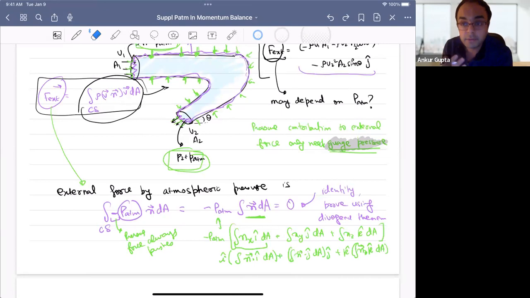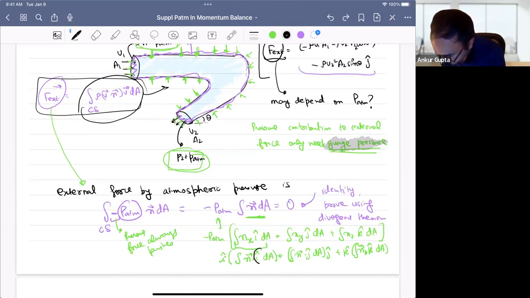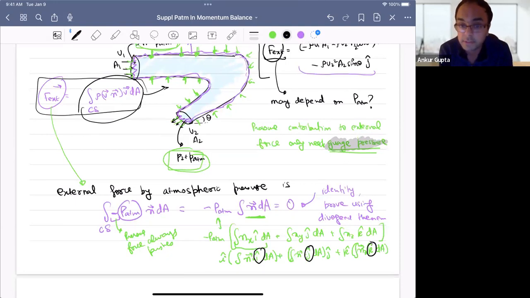Whatever this vector is, it is being dotted with n, so you can convert it into a divergence. You can take a divergence of i hat, but a divergence has derivatives, and i hat, j hat, k hat are constants. So you can convince yourself that it is zero vector, or simply zero.